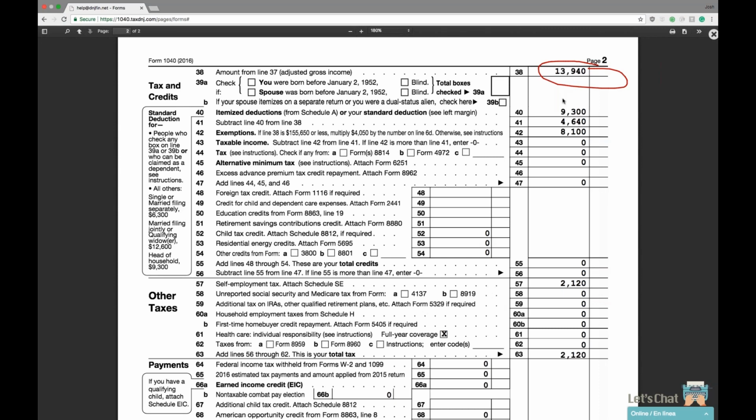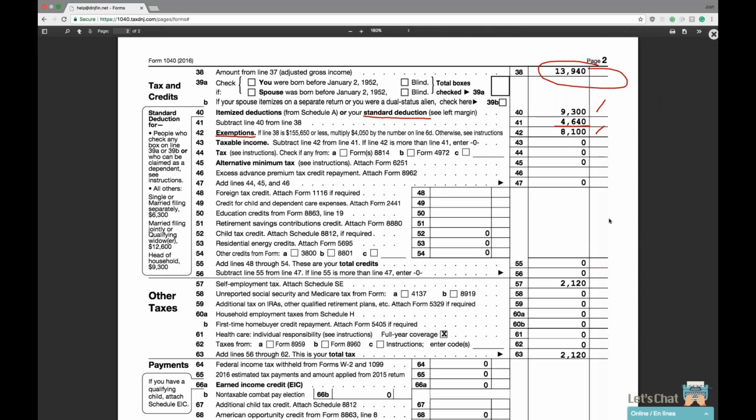All right, so you have $13,940, and out of that, you're going to have your standard deduction of $9,300, which brings your income to $4,640. And then you have your exemptions, two exemptions, so you have 8,100 in exemptions, which brings your income to zero.